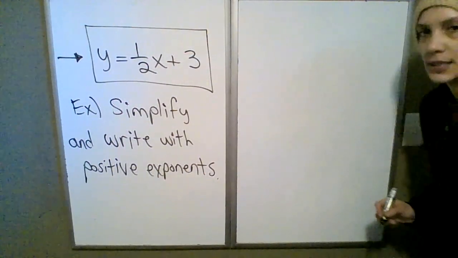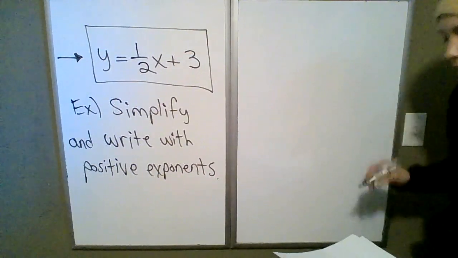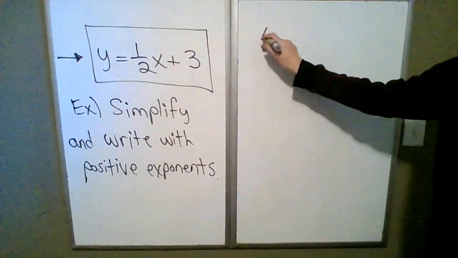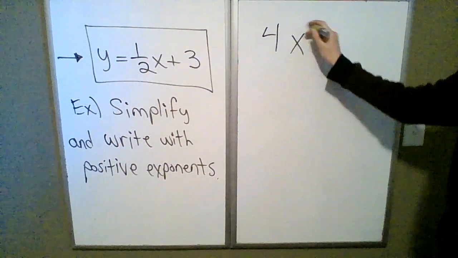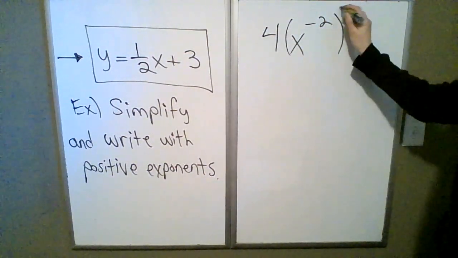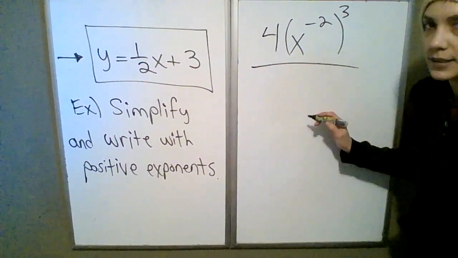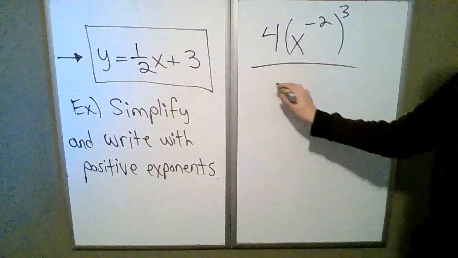Okay, let's see. 4 multiplied with x to a power -2. And the x value is then raised to a power of 3, and then divide everything by x with power -3.